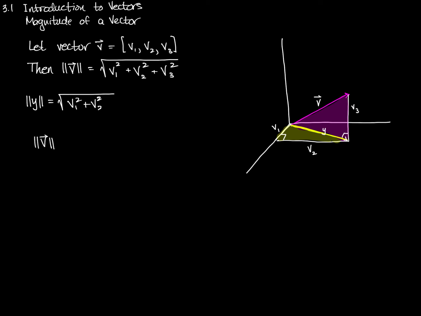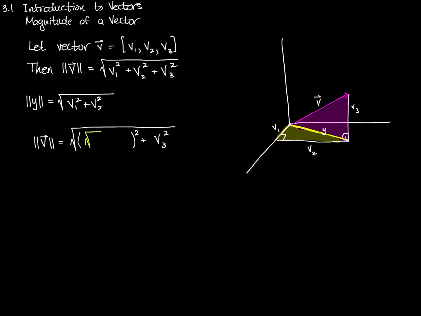Vector v has magnitude the length of this line segment squared plus the length of this line segment squared. So let's write the square root of the length of the yellow line squared plus v3 squared. But the length of the yellow line we determined up here. It's this thing right here. So I'm going to write that in now.